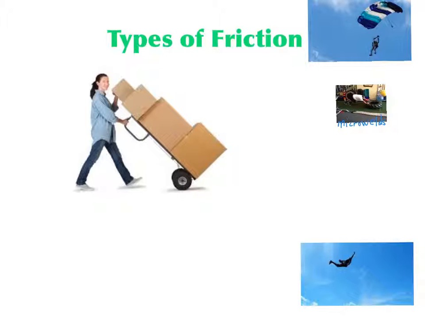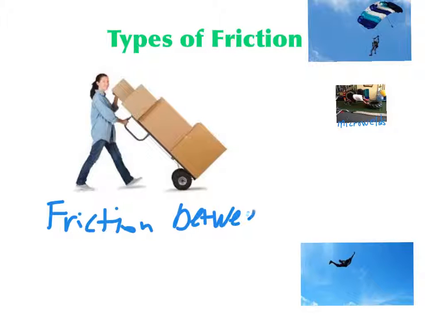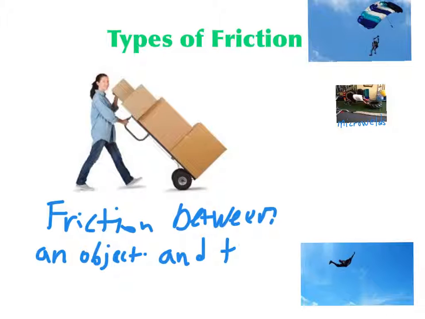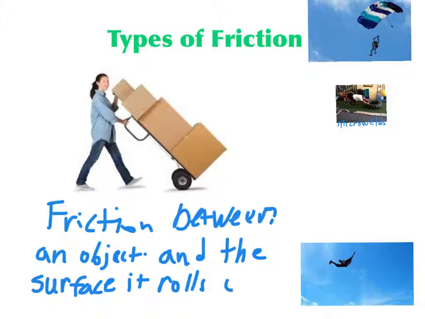And what I need you to write down as the definition is that this is friction between an object and the surface it rolls on.